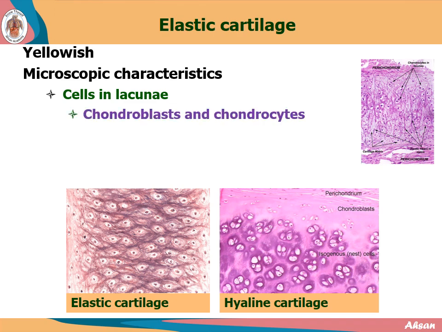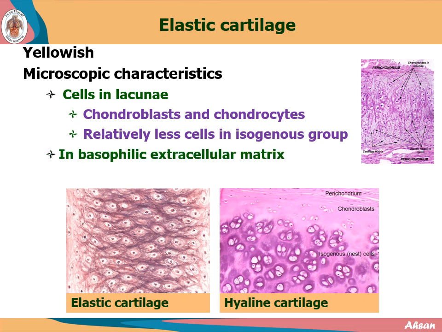But the difference is that the number of chondrocytes in one isogenous group is relatively less than in hyaline cartilage. In hyaline cartilage, we see even up to 8 cells in one group, but in elastic cartilage there are usually 2 or maybe a maximum of 3. Maybe even one chondrocyte in one lacuna in the central part.